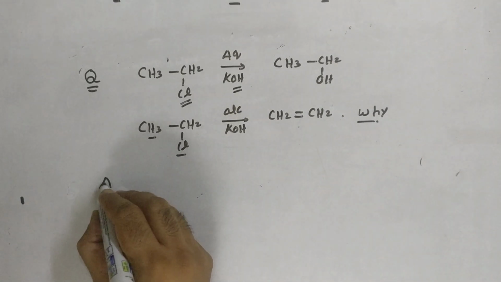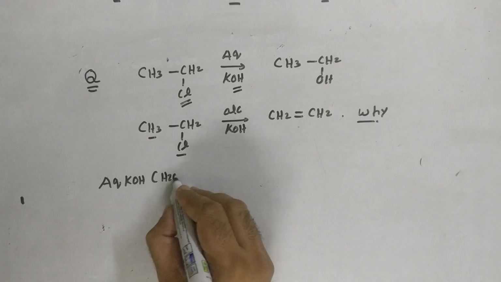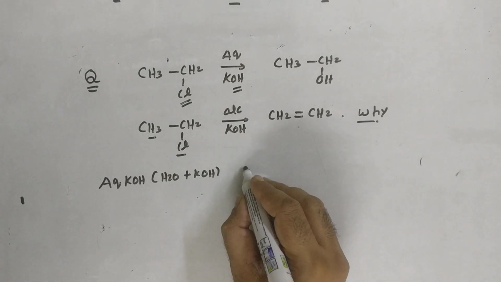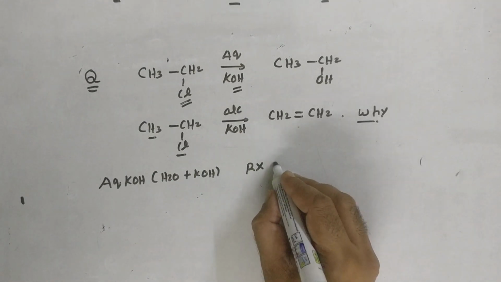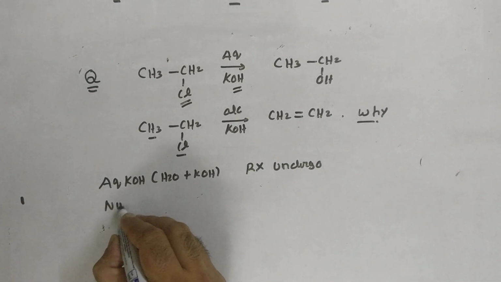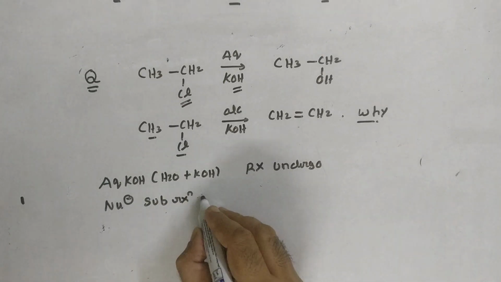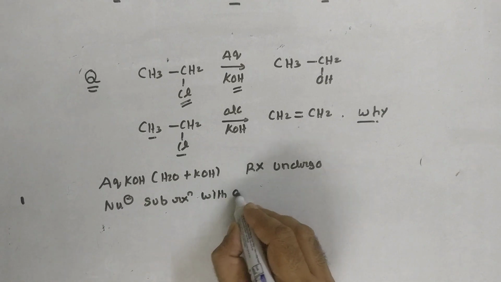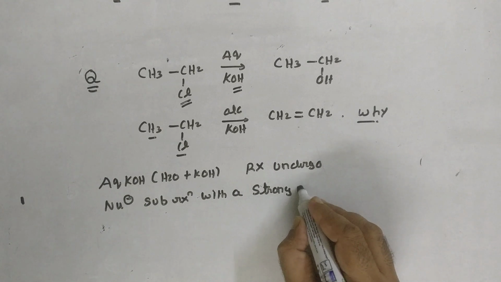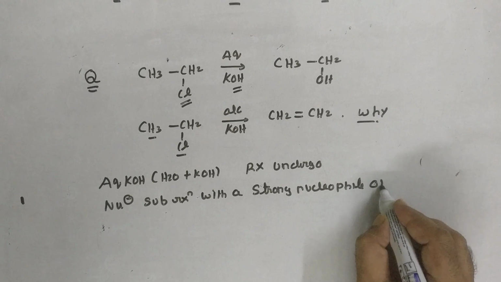When we use aqueous KOH, that is water in which KOH is dissolved, the alkyl halide will undergo a nucleophilic substitution reaction with a strong nucleophile, that is OH minus.